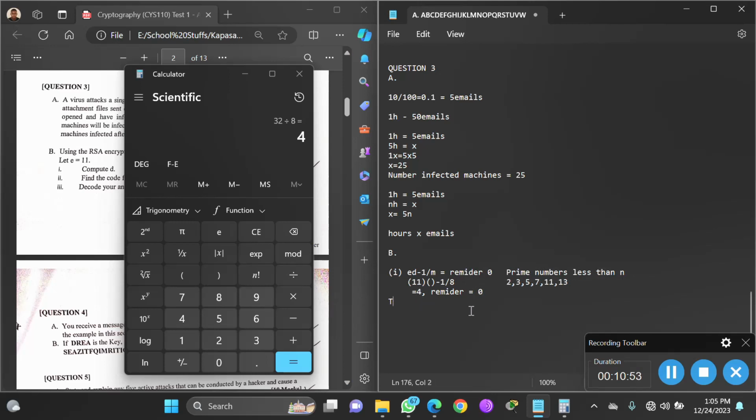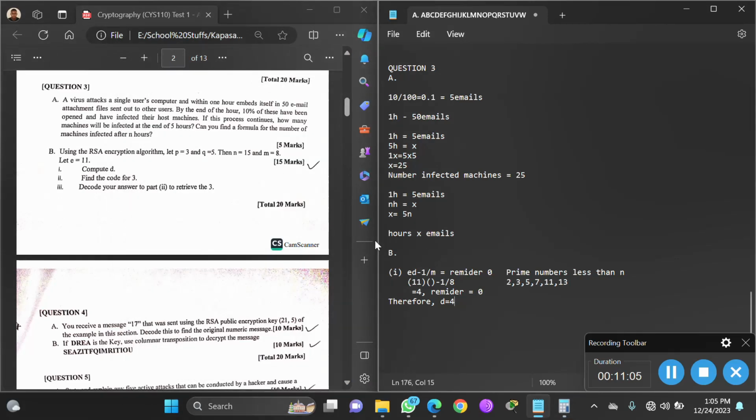So we can say therefore d is equal to 4, as the question was stating, find d. So we are done. Oh, no, sorry, I've made a mistake. This 4 is just the answer for this with a remainder of 0.